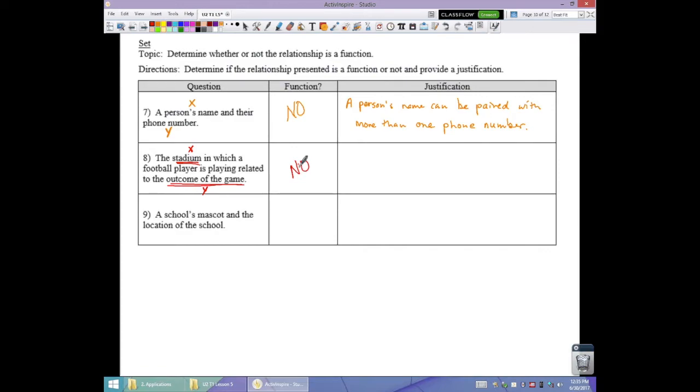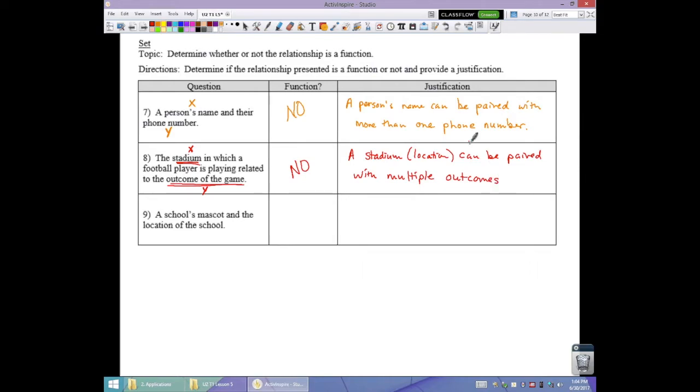The next week, they could play in the same place and lose. So 2 different outcomes. So a stadium or location for a game can be paired with multiple, more than one outcomes.